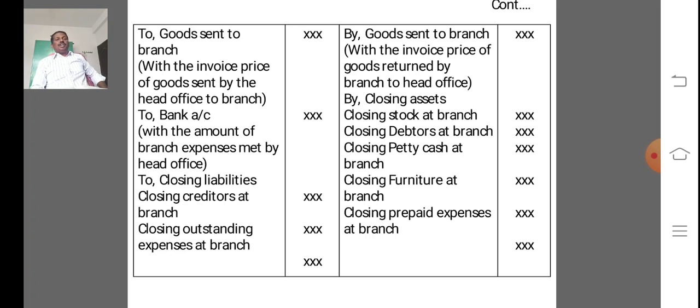Credit side, by crediting goods sent to branch with the invoice price of goods returned by the branch to head office. By closing assets, closing stock at branch, closing debtors at branch, closing petty cash at branch, closing furniture at branch, closing prepaid expenses at branch.